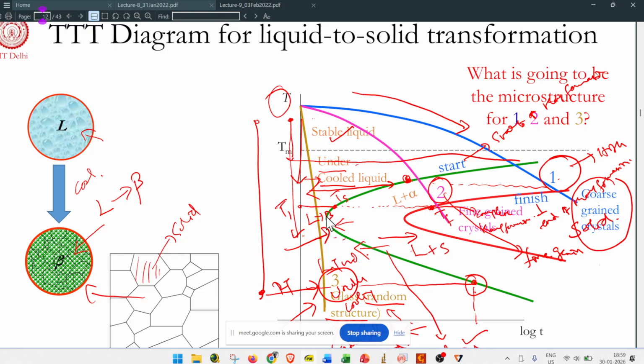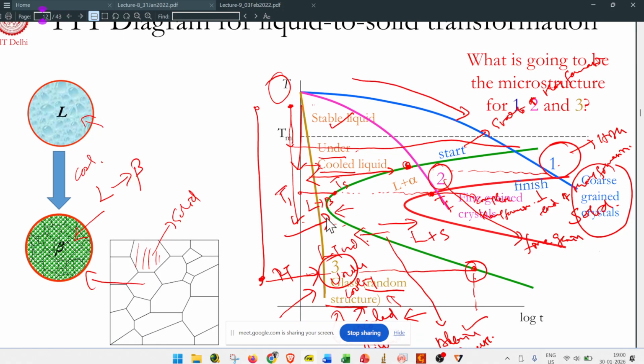It is the minimum transformation temperature. Below that, it will not form; it will not transform.